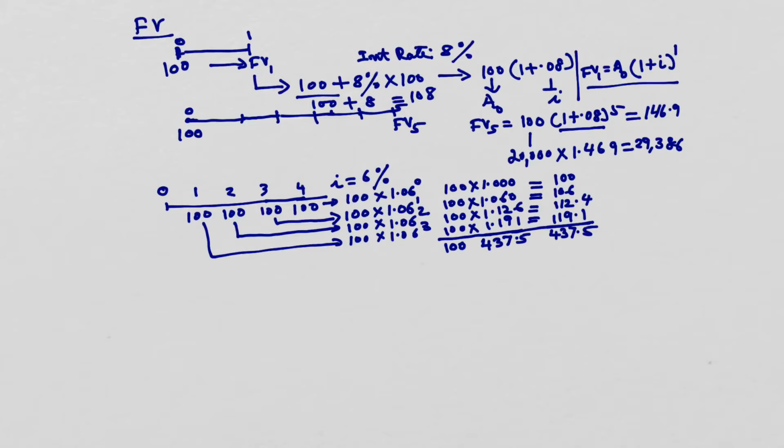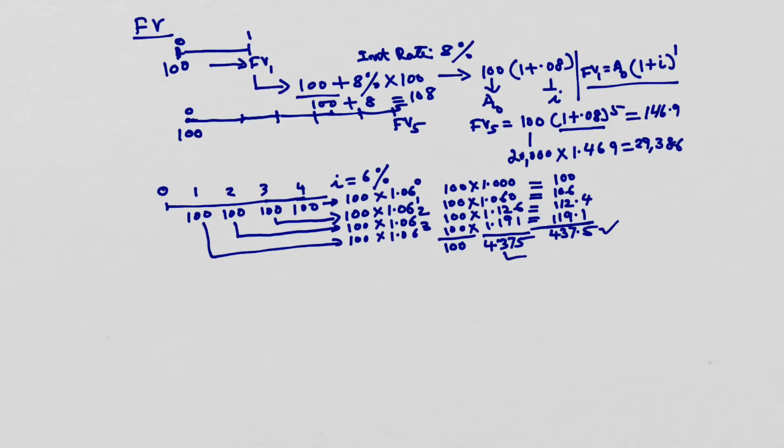This factor is 4.375, and when you multiply it by 100, you get this number.